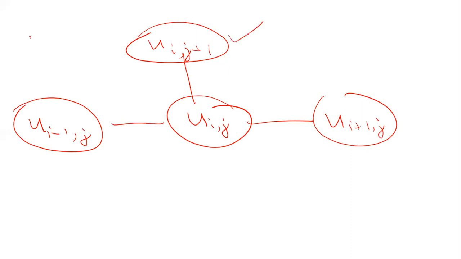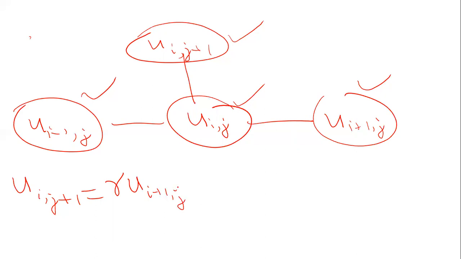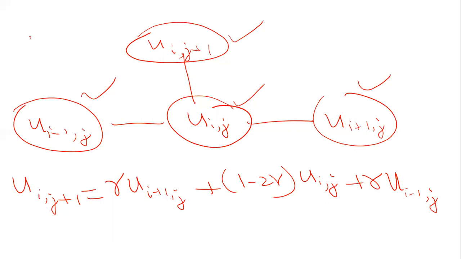So in order to calculate this uij plus 1, we are going to need this value and this value and this value. So uij plus 1 is given by Bender-Smith's formula, which is gamma ui plus 1 j, plus 1 minus 2 gamma uij, plus gamma ui minus 1 j. Okay, so this is your Bender-Smith's formula. So this gives you the value of uij plus 1, if you know the values of uij, ui plus 1j, ui minus 1j.